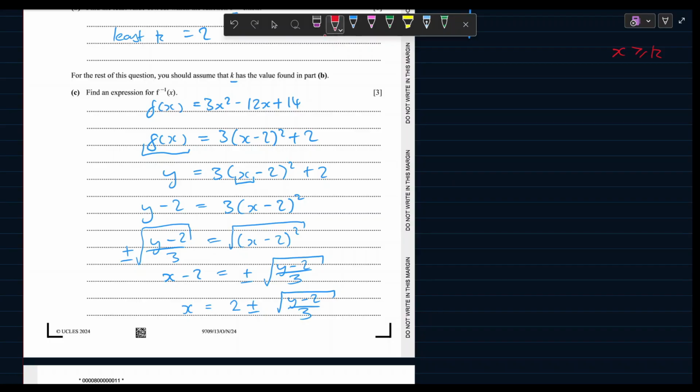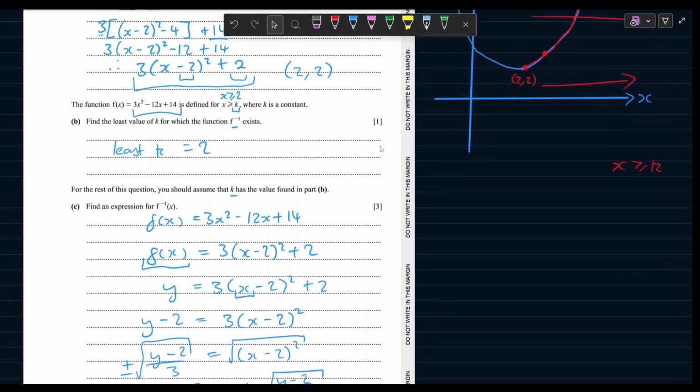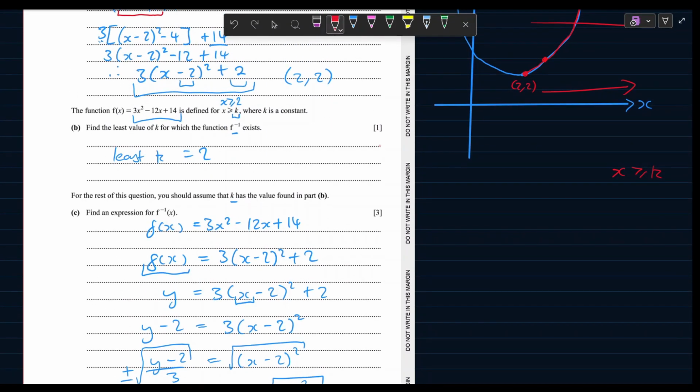And we have to pick a sign. We can't have both signs. And the way we're going to pick our sign is to use our domain. Because our domain has a greater than or equal to sign, it doesn't matter if it's just greater than, as long as we see that greater than part, we're going to pick the positive sign there. If it was less than or equal to, you would pick the negative sign.